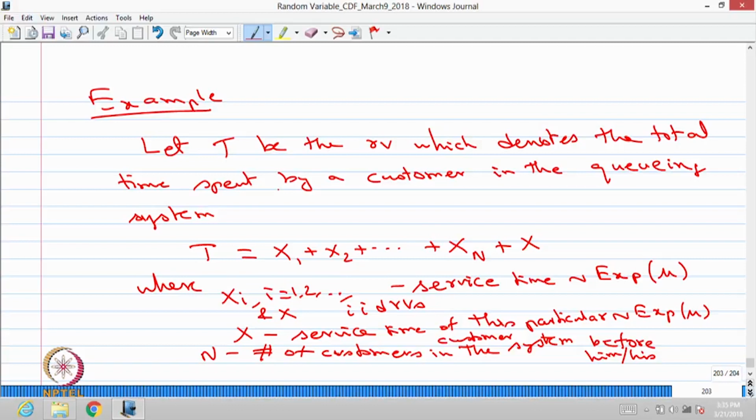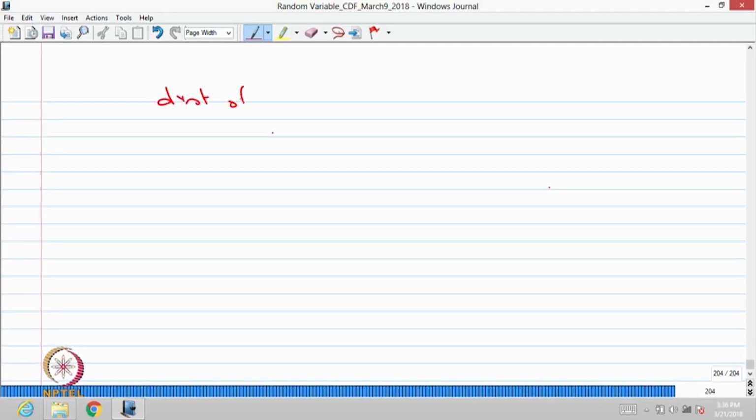When capital N is equal to 0, that means nobody is in the system before he enters, so capital T is equal to X. I am going to find out the distribution of T.